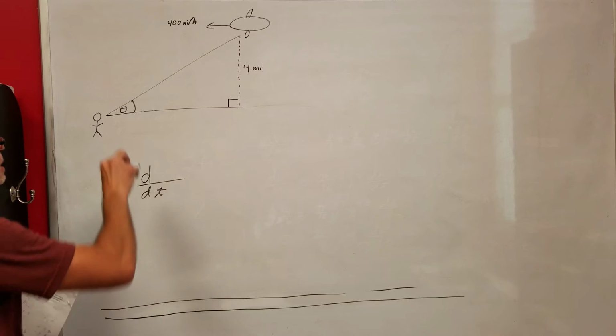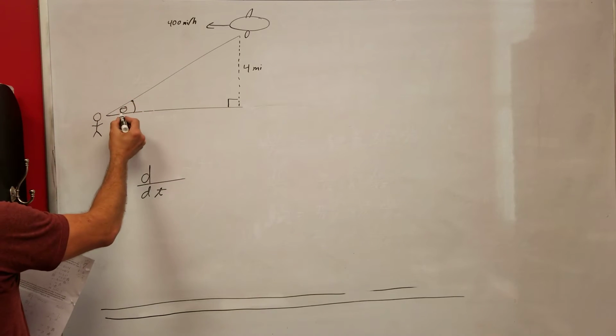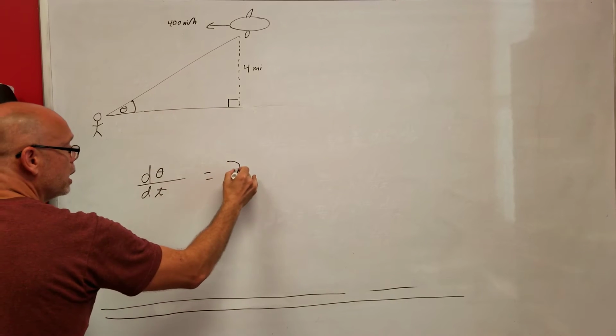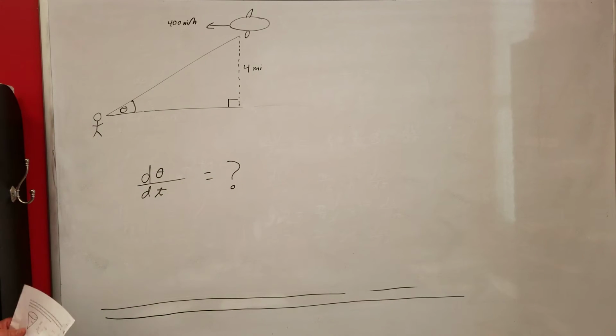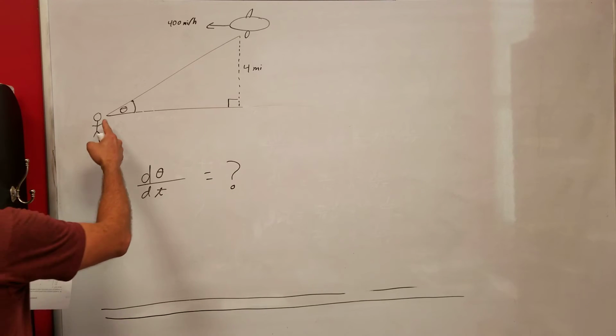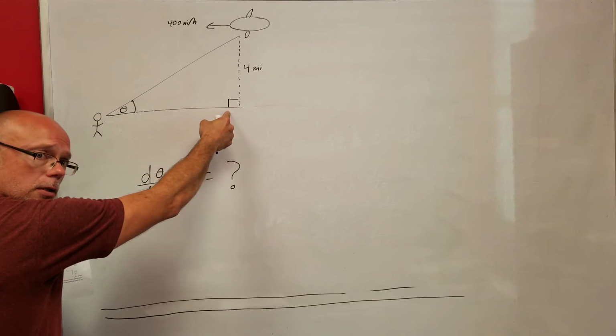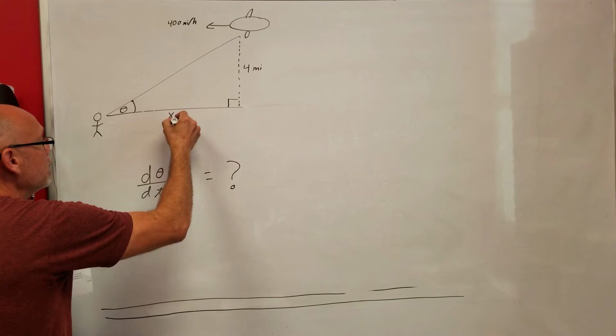I'm looking at the change in theta. At what rate is that changing with respect to time? That's what I need to find. And the horizontal distance between the approaching plane and my location is exactly 3 miles. Let's call this horizontal distance x.